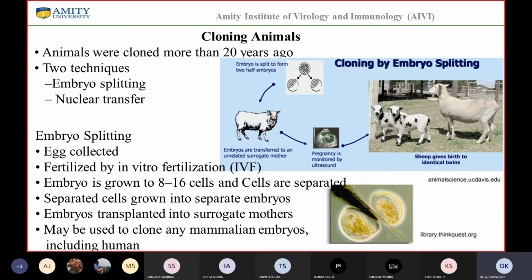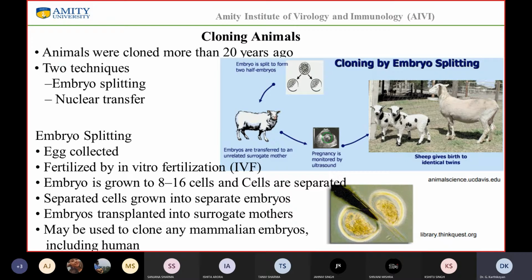In vitro fertilization was once upon a time a very rare, sophisticated and advanced technique. But today, IVF for couples who are not able to bear children by normal means has become so routine that every district has one or maybe multiple IVF centers.